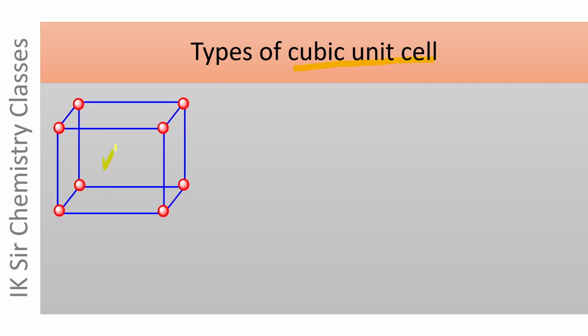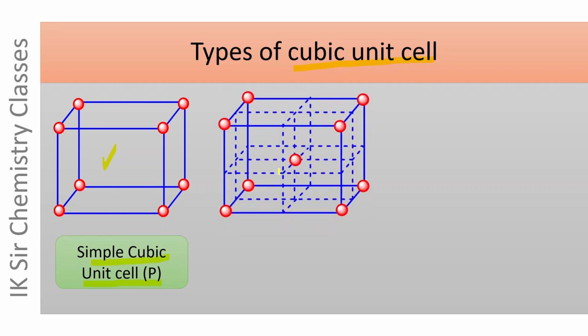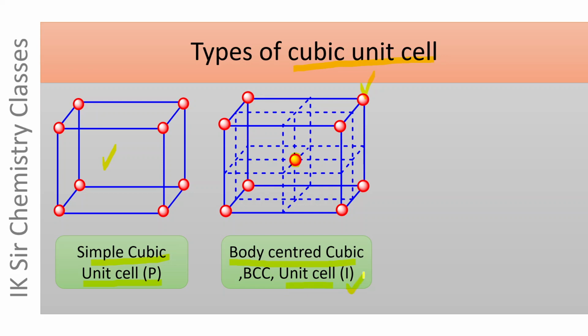In this cubic unit cell, particles are present only at the vertices, and hence it is a simple cubic unit cell, represented by P. In this cubic unit cell, particles occupy all the vertices, and the body center of the unit cell is also occupied by a particle, and hence it is a body centered cubic unit cell, denoted by I and abbreviated as BCC, body centered cubic.